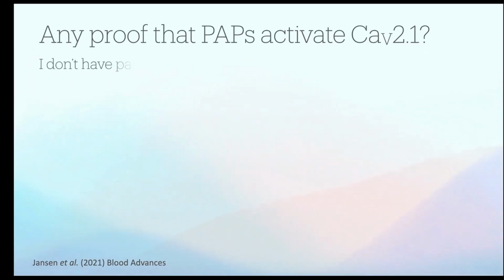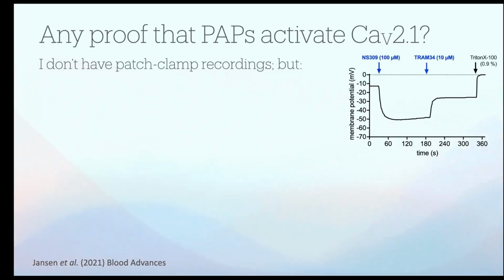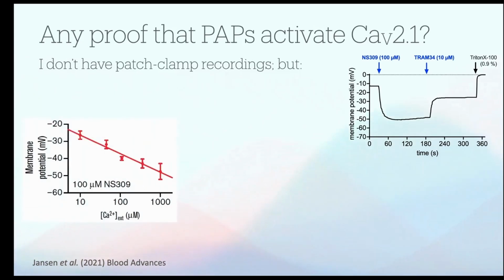What I can do is show you some indications, but I don't have real convincing patch clamp recordings. So I'd like to take you back to these membrane potential measurements, and we did exactly the same measurements in different concentrations of calcium.